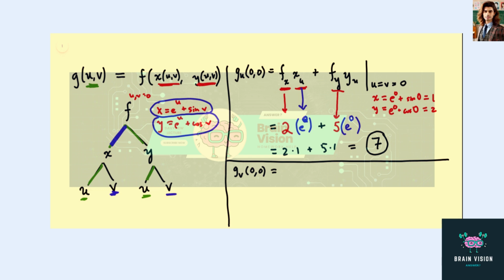So we get f partial x times x partial v plus f partial y times y partial v. Once again, we are evaluating this at 0, comma 0 for u and v. And that means that our point x and y, again, is 1, 2.